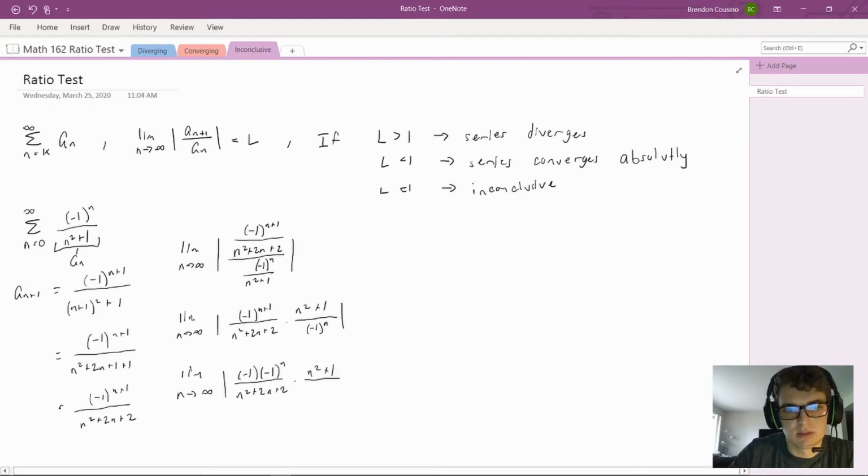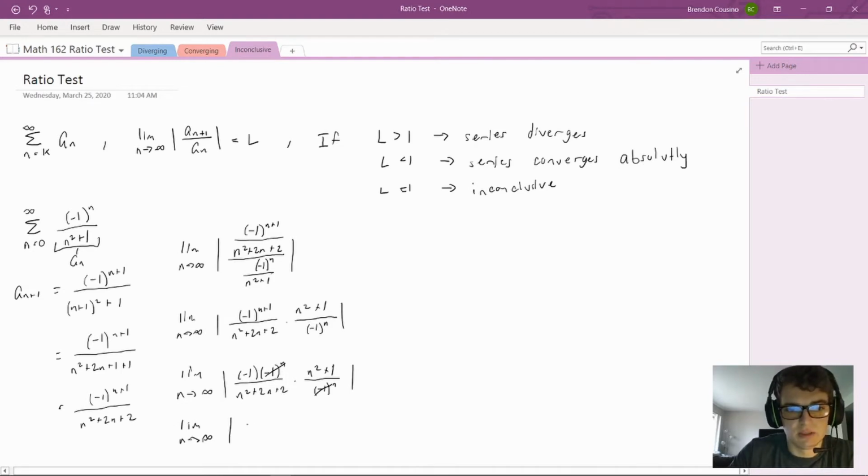We can cancel out these negative 1 to the n's. One more piece to simplify: we just have negative 1, but we take the absolute value of negative 1, so it ends up being positive 1. We can omit that from the next expression, because it's just positive 1 times whatever's left.